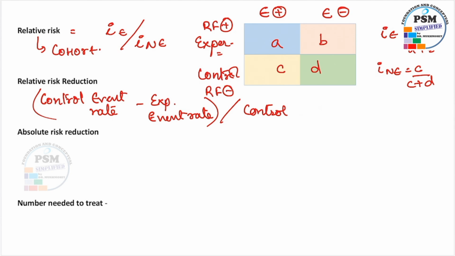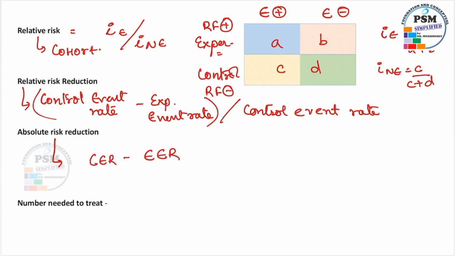Sorry for my spelling, but that's how it is. So this is the formula for relative risk reduction, and very often they just ask you what is the formula for absolute risk reduction and what is the relative risk reduction. What is absolute risk reduction? Absolute risk reduction is nothing but the control event rate minus the experimental event rate.